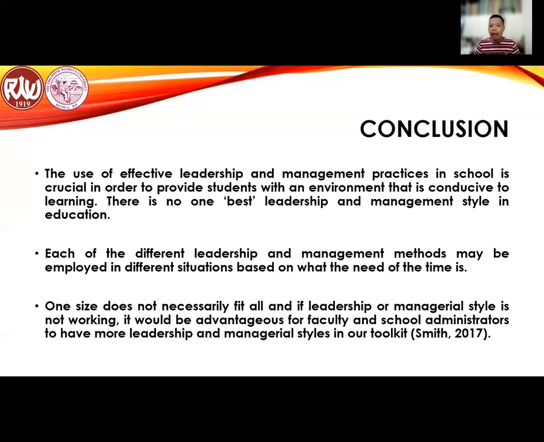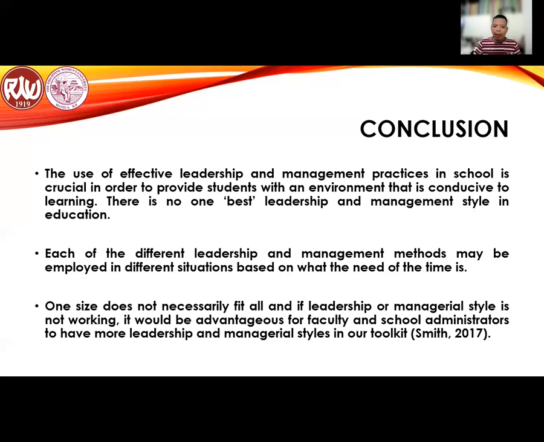Online instruction in higher and basic education has grown mostly due to the pandemic. So if we can identify leadership styles that work best in the classroom, faculty can be trained to utilize them.